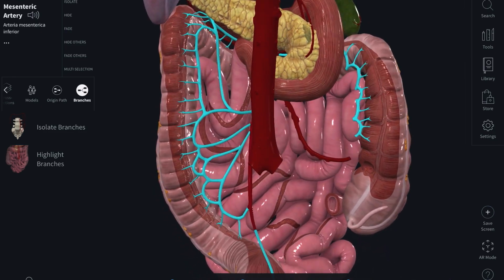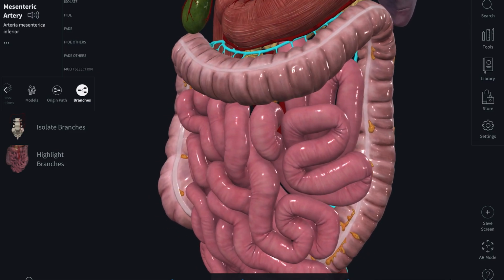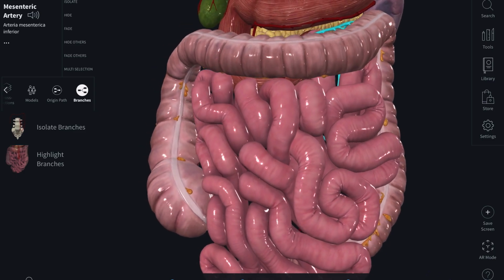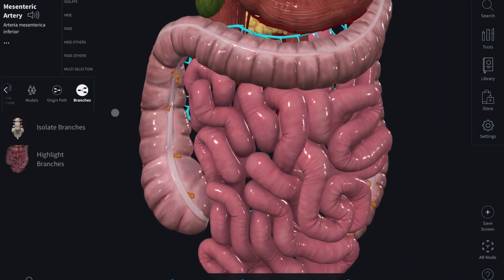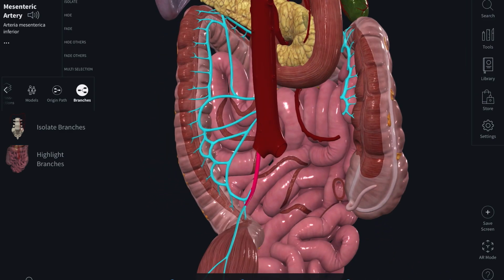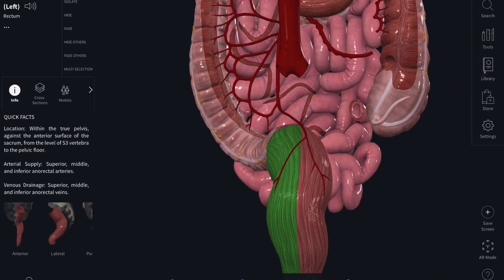And as you can see, it's supplying blood to the right side, and it's covering that transverse abdominis. Not transverse abdominis, but that transverse colon. And then comes down and even supplies blood to the rectum.